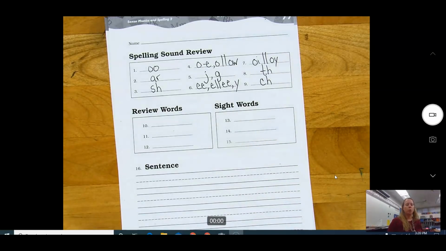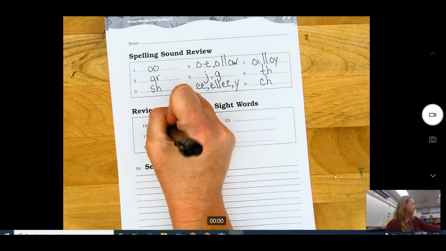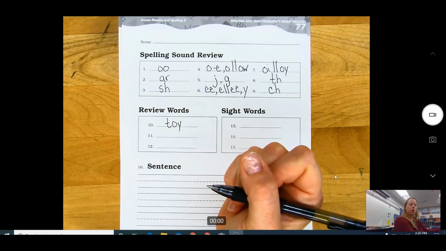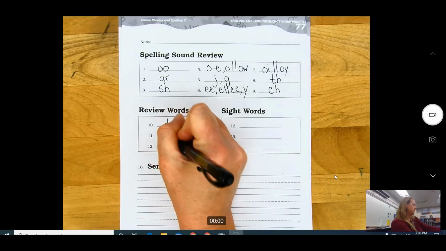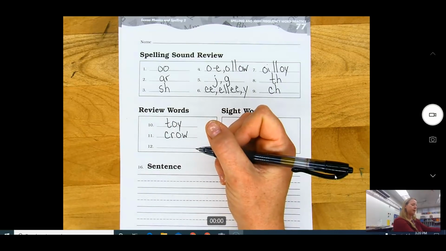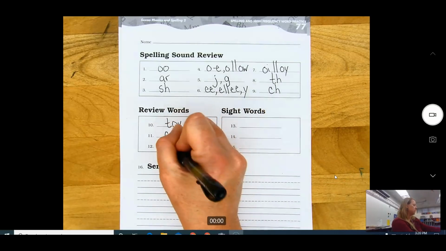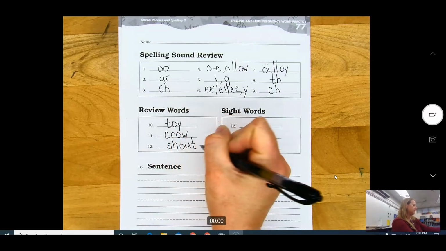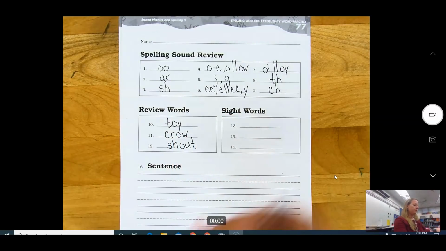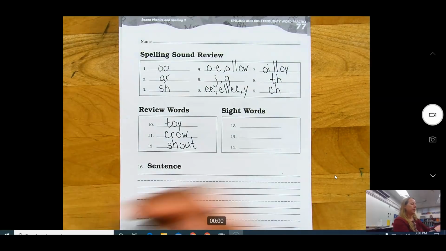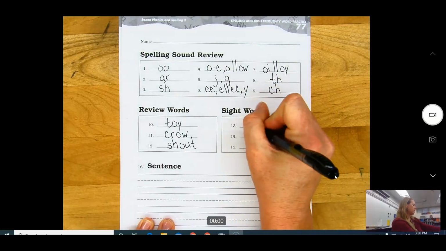Number 10 is toy. T-O-Y. Number 11, crow. C-R-O-W. And number 12, shout. S-H-O-U-T. And then for your sight words, we have number 13, earth.